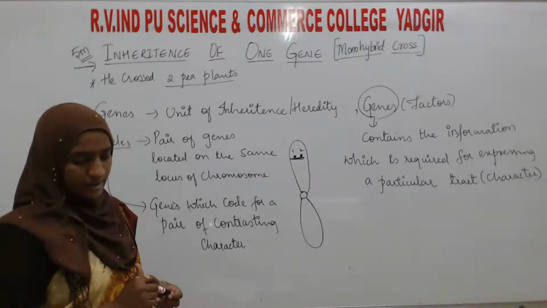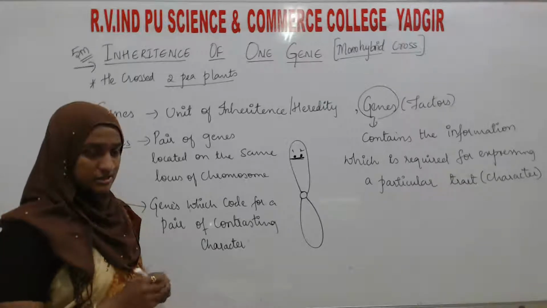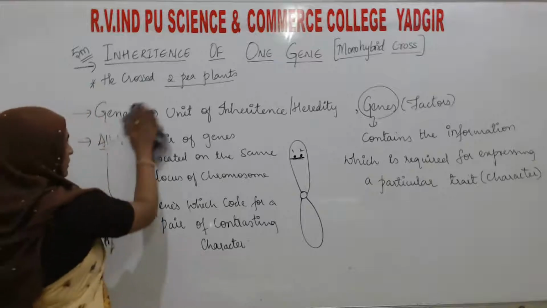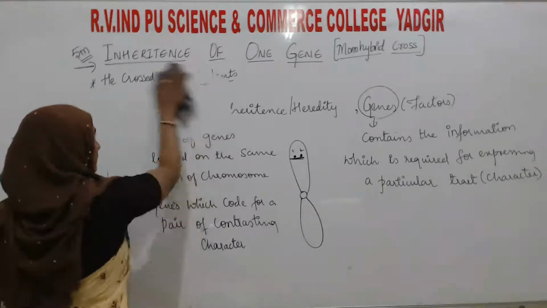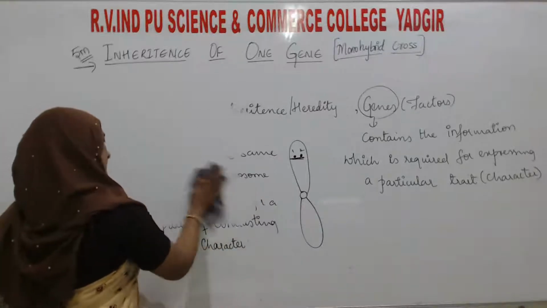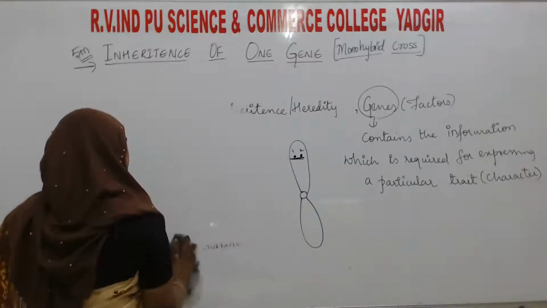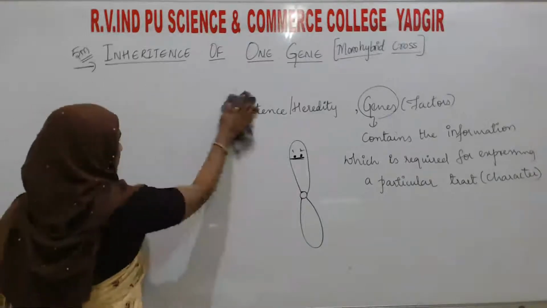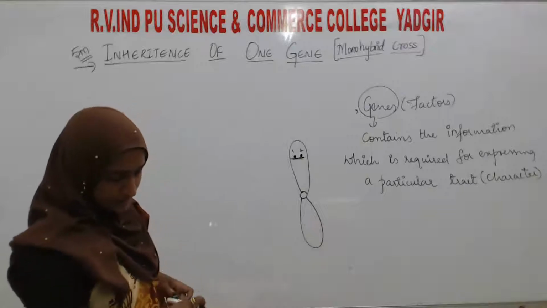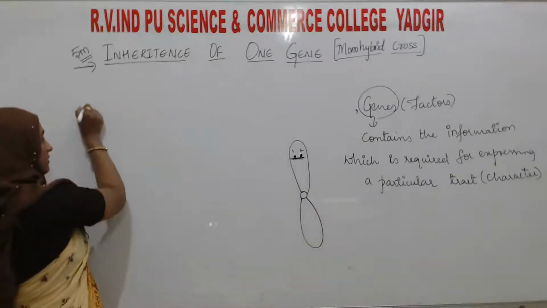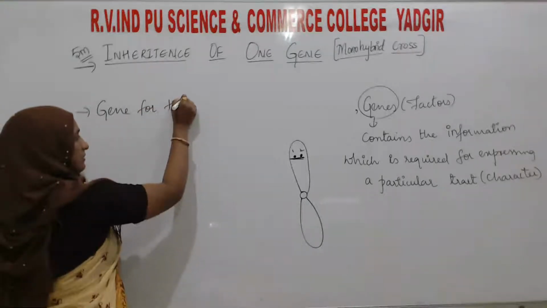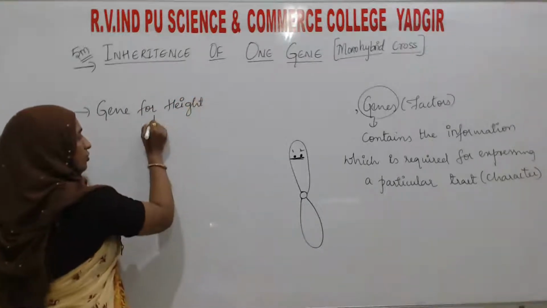So we have two alleles. For height, the gene for height has two alleles.